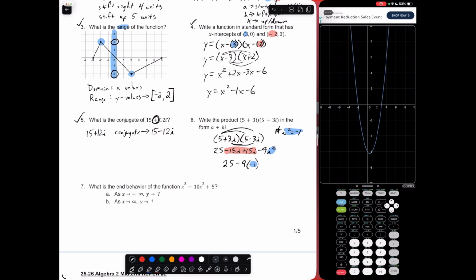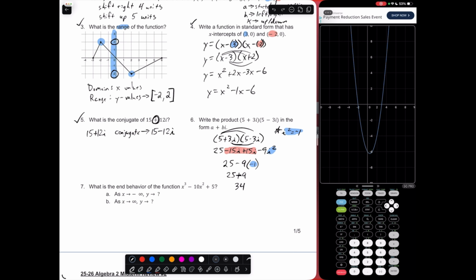So we now have 25 minus 9 times negative 1, so that would become plus 9, and 25 plus 9 is 34.